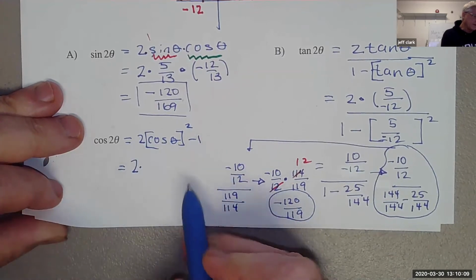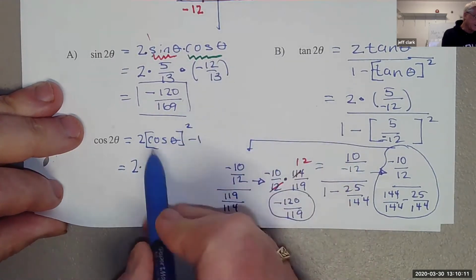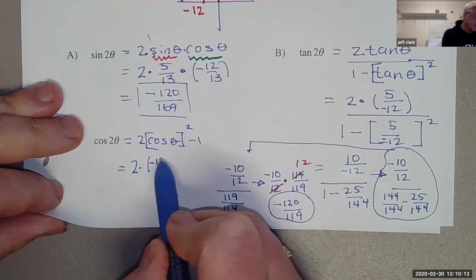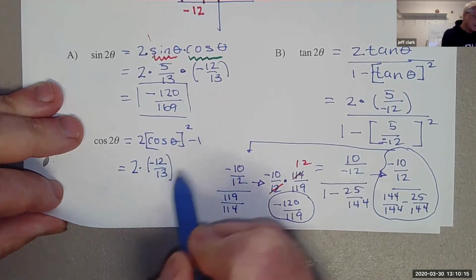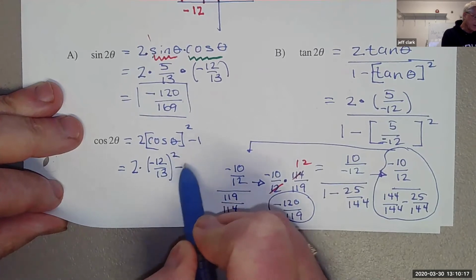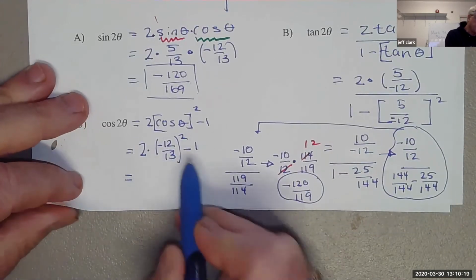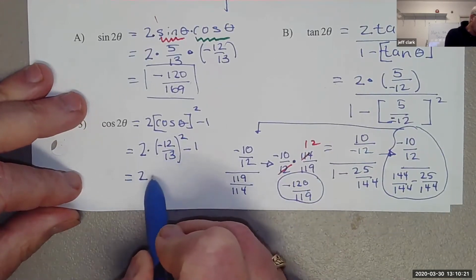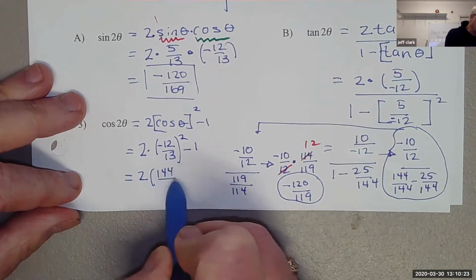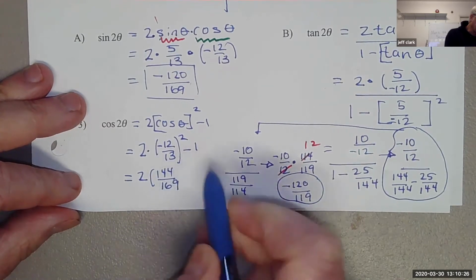Cosine theta, again, was negative 12 over 13. Don't forget the square and subtract 1, 2 times 144 over 169.